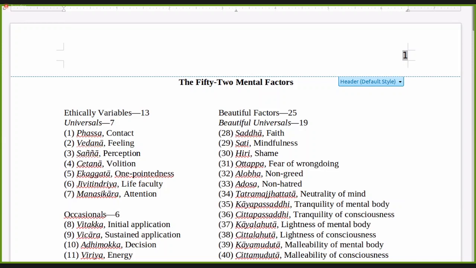Adhimokkha is compared to a stone pillar owing to its unshakable resolve regarding the object. It can be compared to a rock pillar which is steady, strong, and does not move. It cannot be shaken.